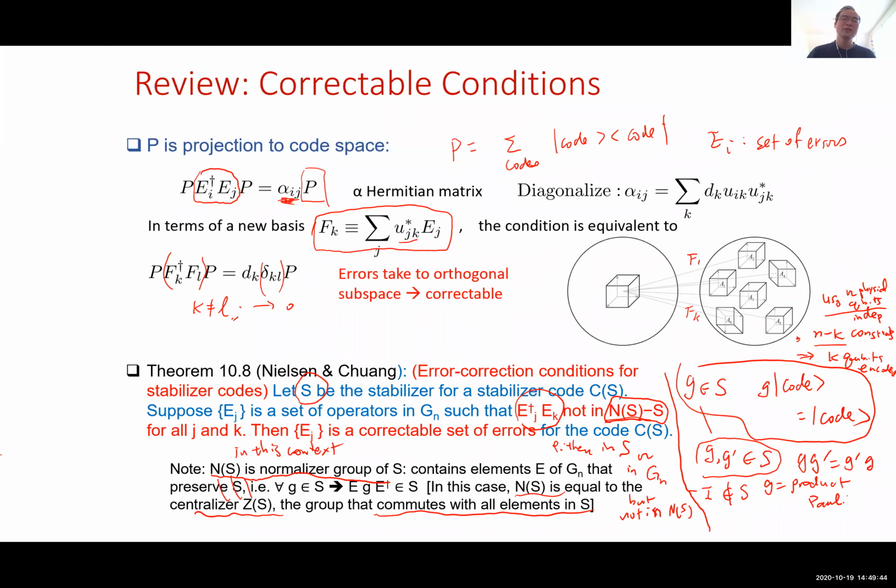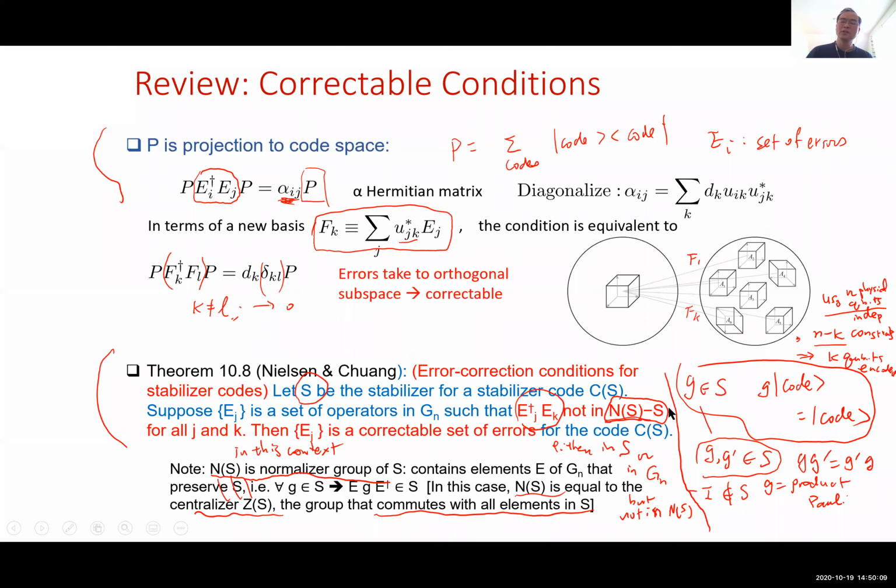But you can really take these two as a condition, right? So you use either this condition or this condition. The only thing that you need to know is to find the set of elements that commute with S. And then you check whether the error combination is in this set or not.